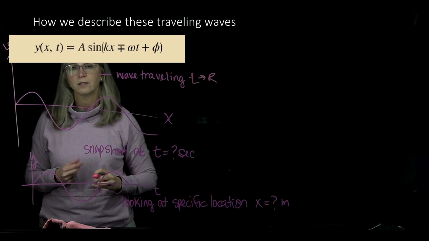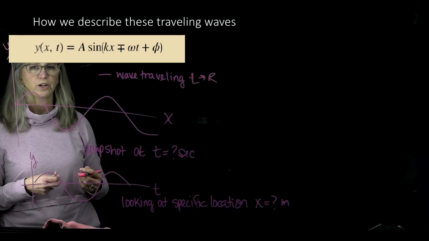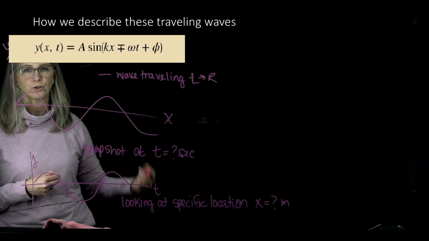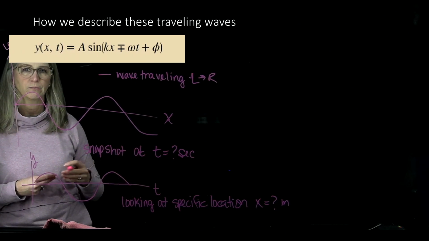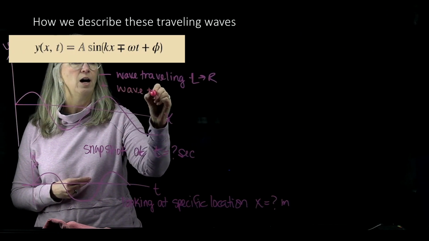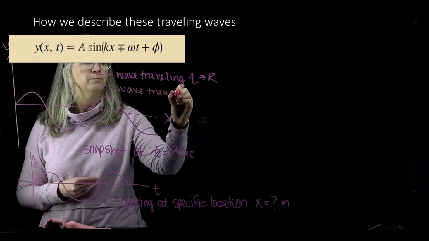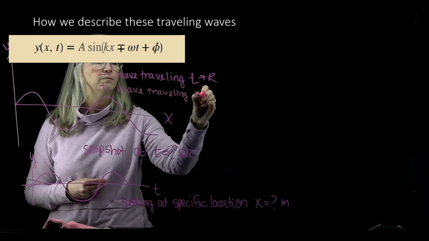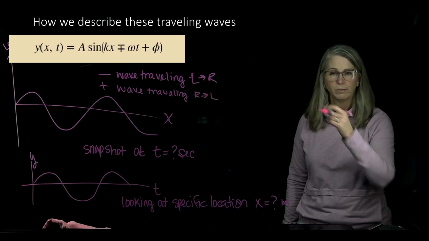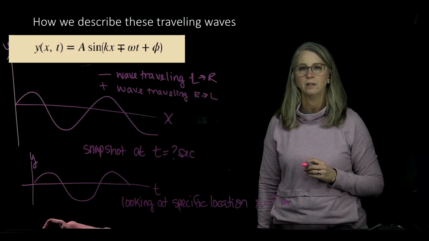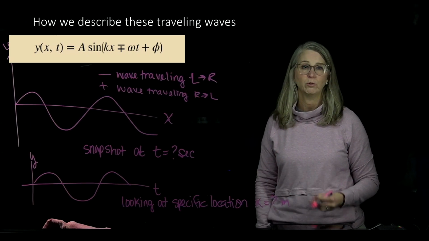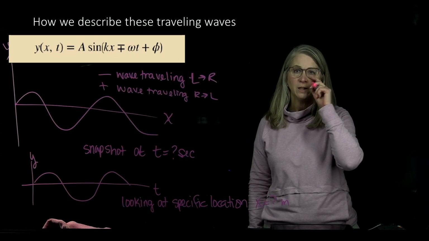If our expression has the minus omega t, we're talking about a wave that's traveling from left to right. If we have the plus sign, the wave is traveling in the opposite direction. So that's one piece of information that we see in there. Of course, A that you see out in front is the amplitude of the wave. We've already talked about that.